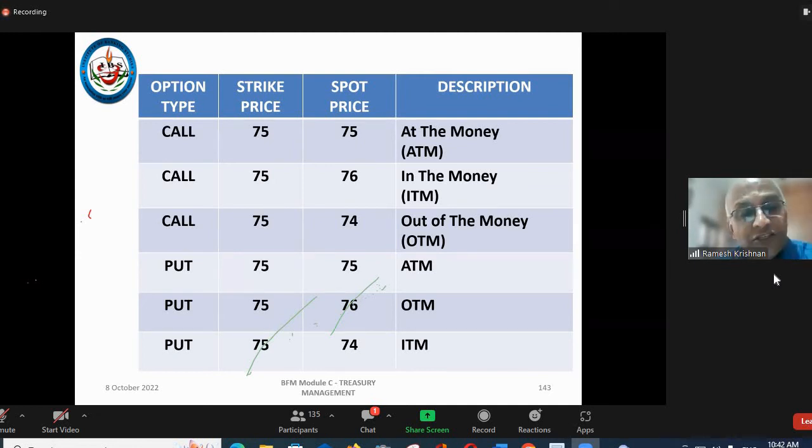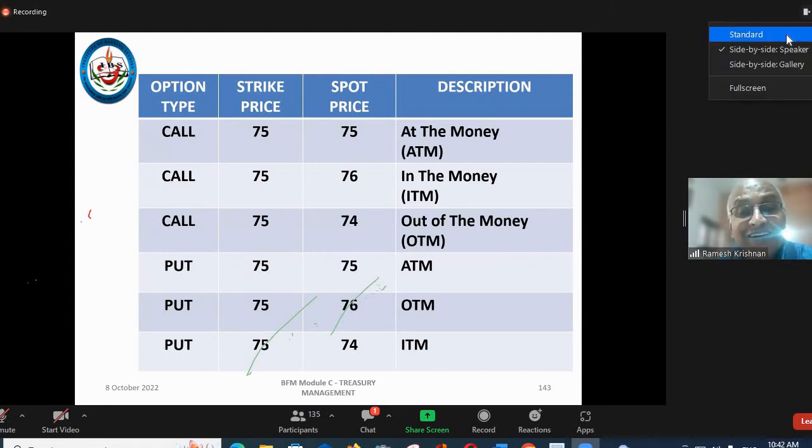So just the opposite for a put option. Strike price is 75, market is also 75, at the money. Strike price is 75, market is 76: you get the right to sell at 75, whereas the market is going at 76, so it is out of the money.